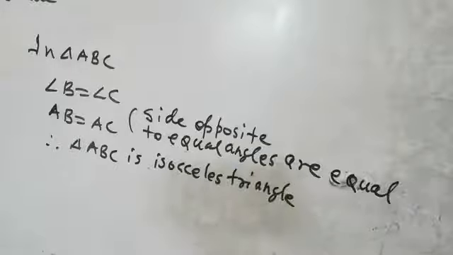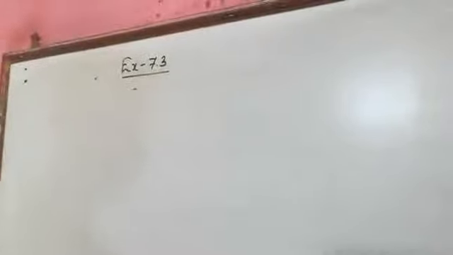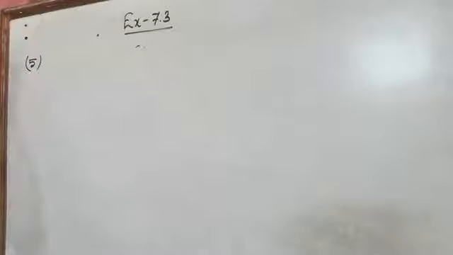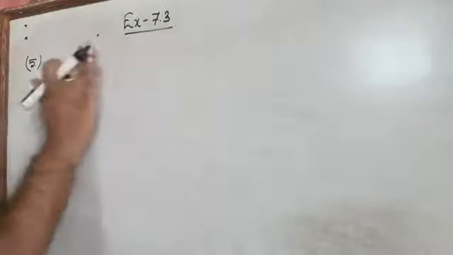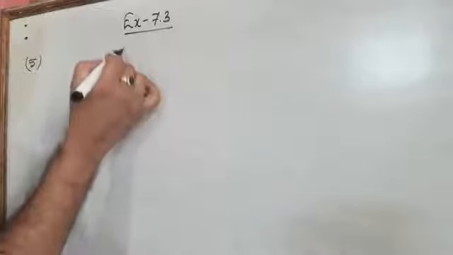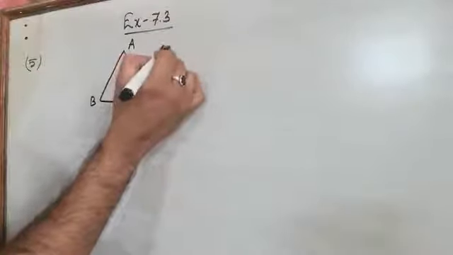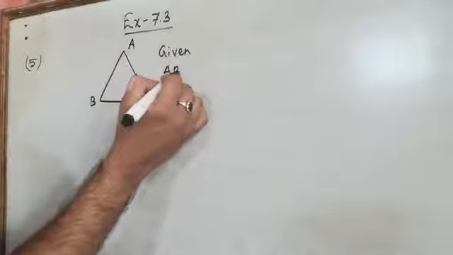Now the last, fifth question. In the fifth question it is written that ABC is an isosceles triangle where it is given that AB equal to AC.